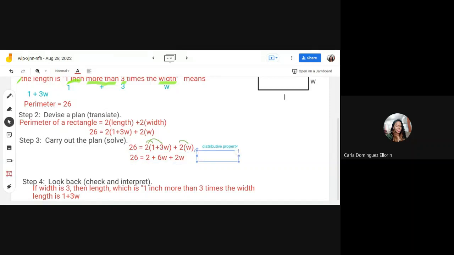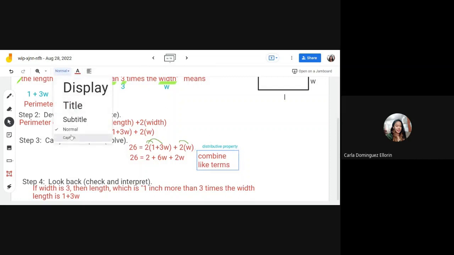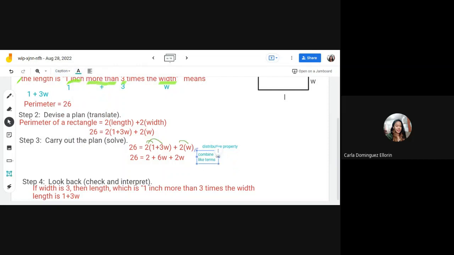Now we combine like terms. Let's combine those with variables and those without variables. So, 26.